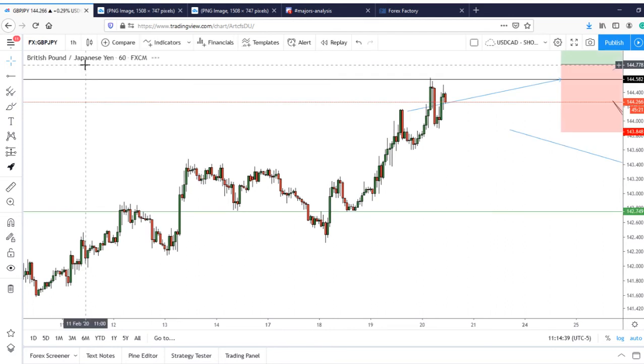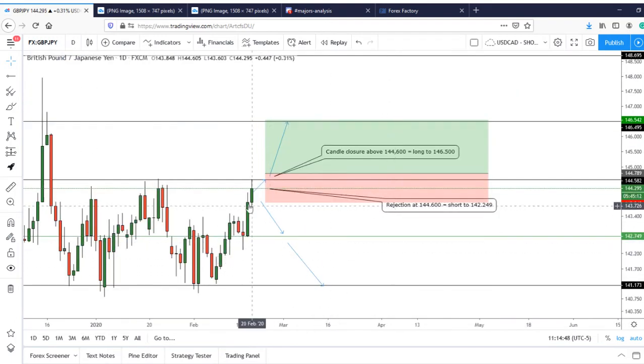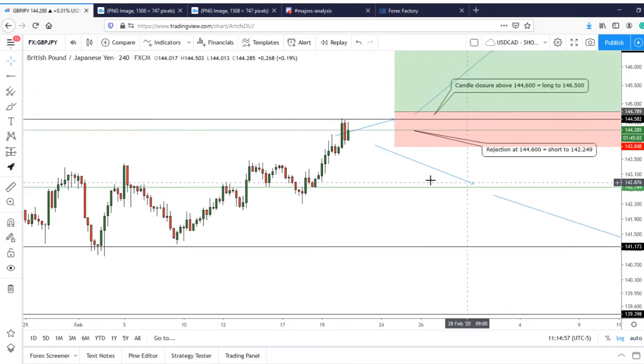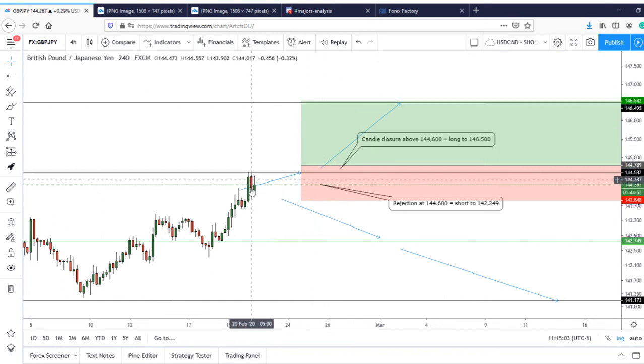So let me try to show you this one. Alright, so this is a setup that's currently pending. Basically, what we're waiting for on the 4-hour time frame is either a break above this level to go up all the way to here, or a rejection from the zone to go lower.